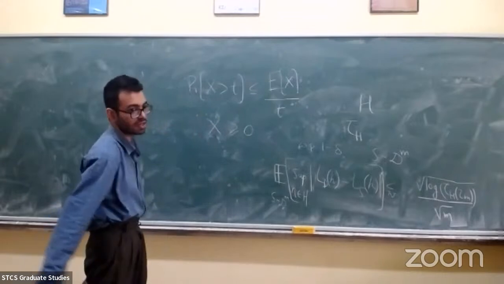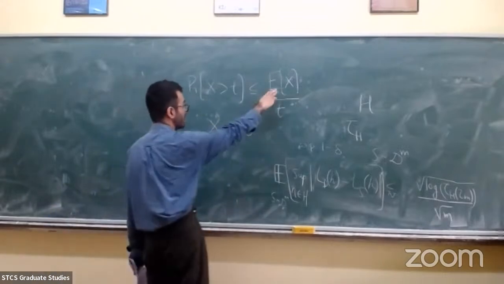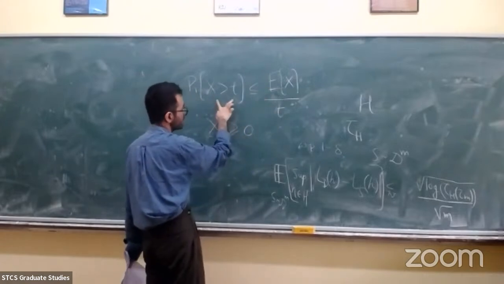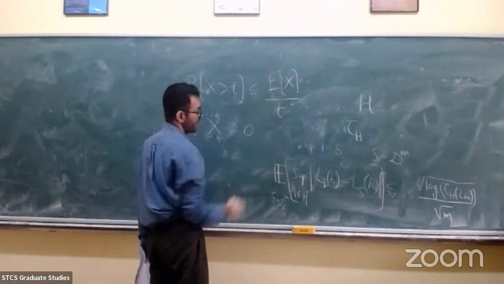This is always true. It says that if the expectation is small, then it's unlikely that the variable will be too large, because the bound is at most the expectation divided by t.